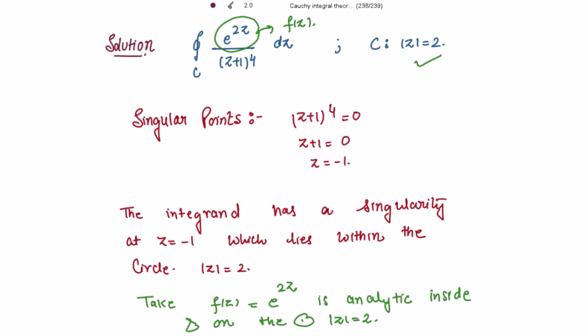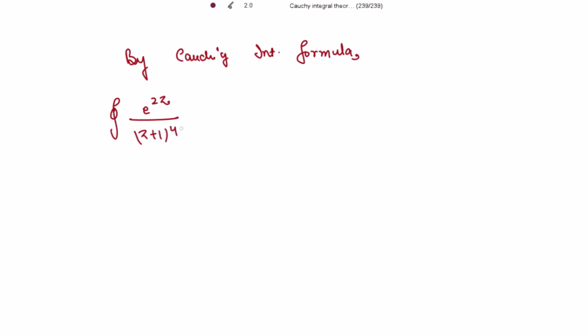Very fine. Now applying Cauchy's integral formula for the higher derivatives, the given integral, e to the power 2z divided by z plus 1 to the power 4, is equal to, what is the formula?